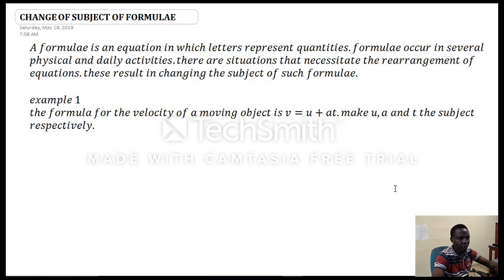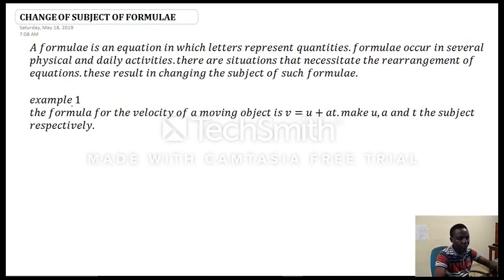I have an example for you on the board. Example 1 says, the formula for the velocity of a moving object is v is equal to u plus at, and we are to make u, a, and t the subject respectively. So in making u the subject of the formula, we are going to reposition other quantities that are not needed to the other side of the equation.